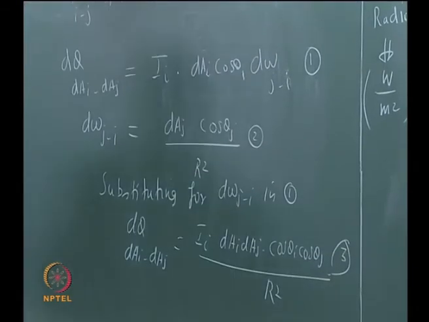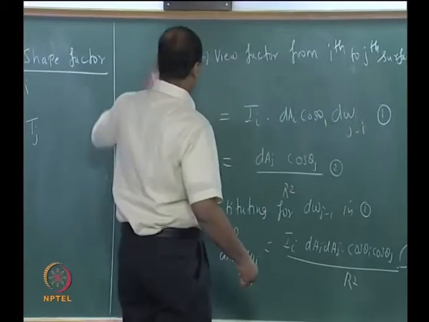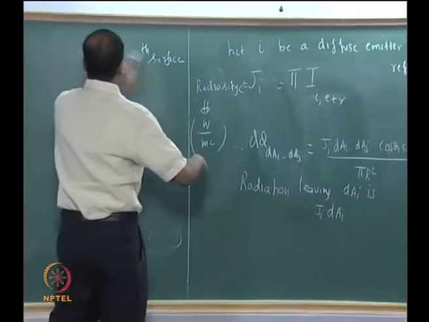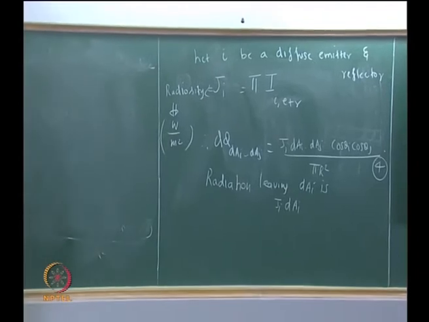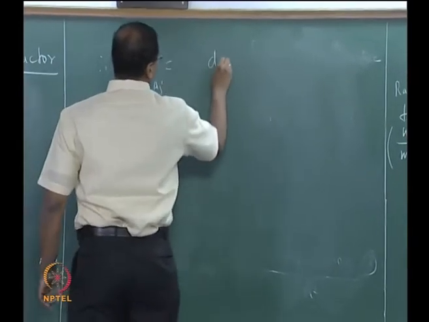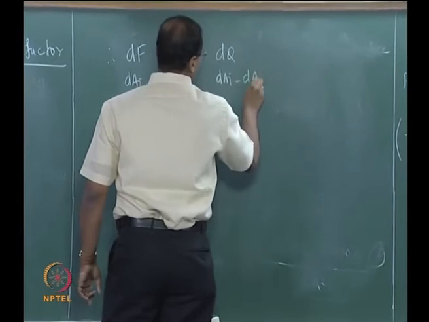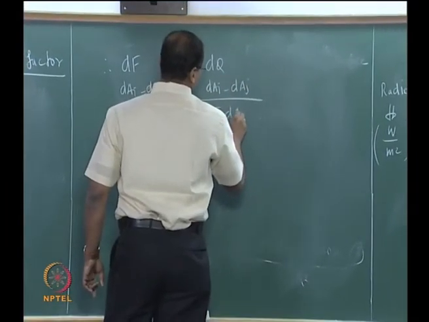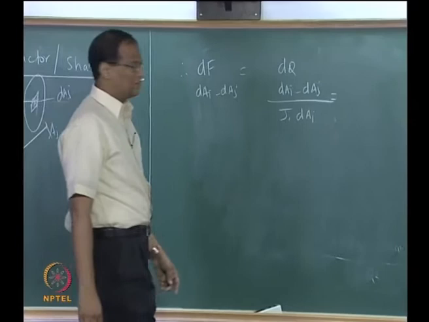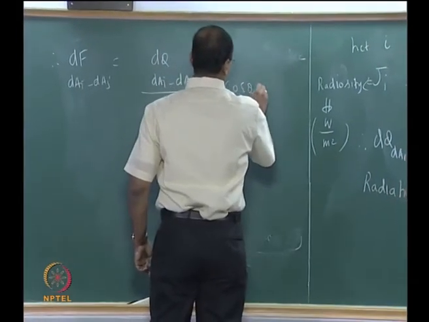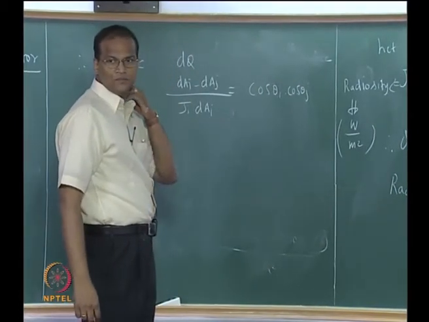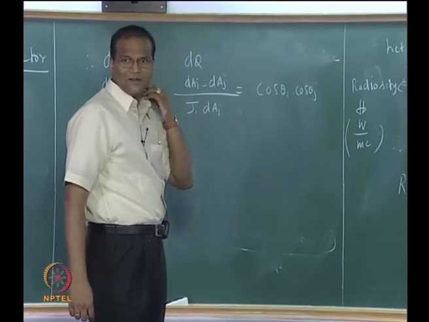Now I can get the fraction. Therefore F equal to cos theta i cos theta j.